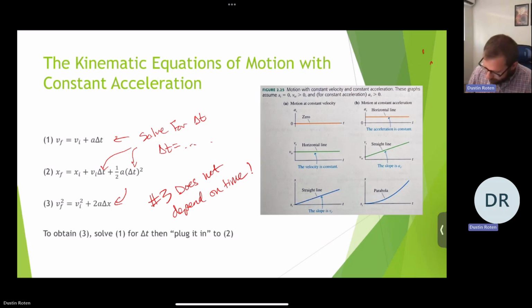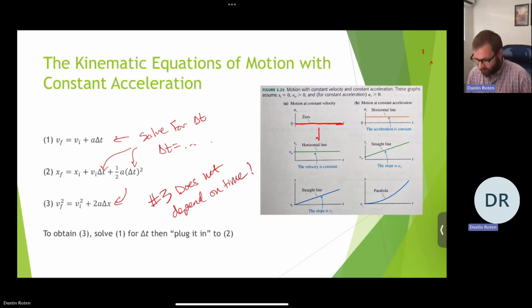So another thing to point out here, we have two situations over here in these plots. We have a motion at constant velocity. Okay, well, if velocity is constant, that means our acceleration is 0. So no matter where we go on this plot, we just have 0 acceleration. Okay, well, if we have 0 acceleration, that means the velocity will be a horizontal line.